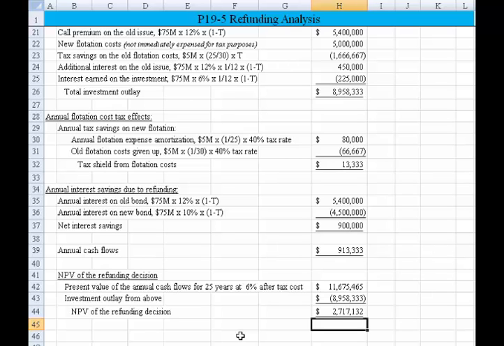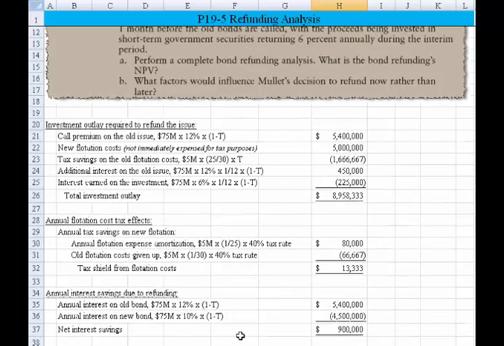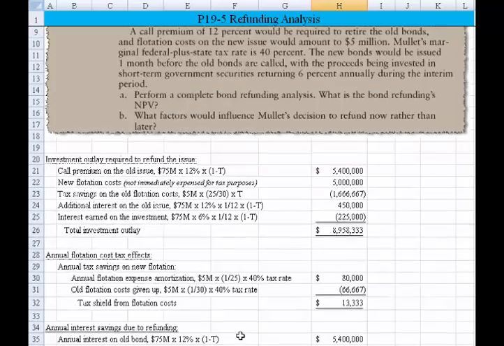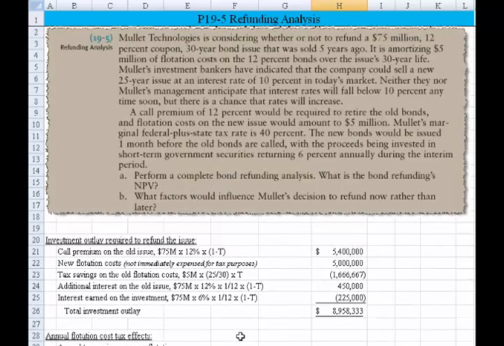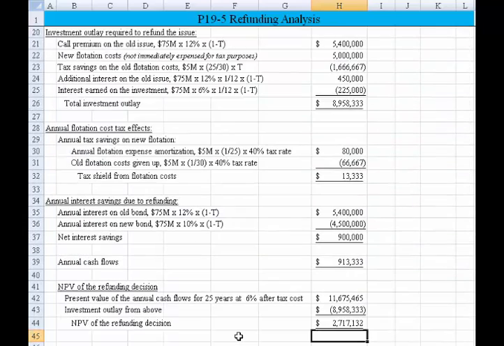That tells us this decision makes a lot of sense. Now let's slide up a little bit. B says, what factors would influence Mullet's decision to refund now rather than later? You remember in the problem, there were some expectations about what will happen with interest rates. With the answer in front of us, let's go ahead and answer that.